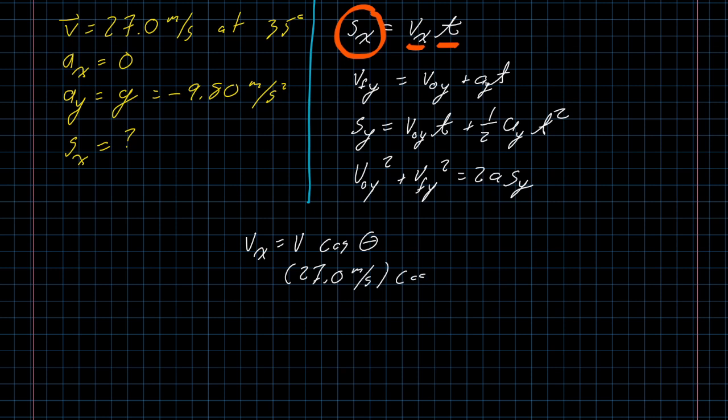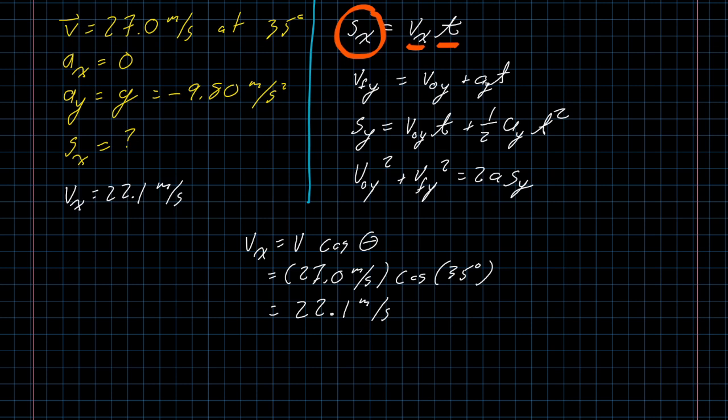Theta in this case is 35 degrees. And my calculator is happy to tell me that 27.0 times the cosine of 35 is 22.1. That seems like it's going to be useful, so I'm going to go ahead and write that over here. Vx is equal to 22.1 meters per second.